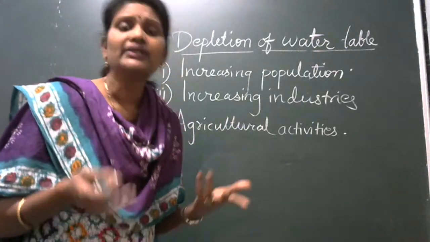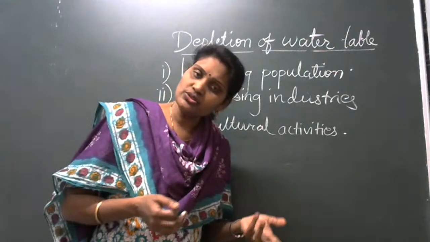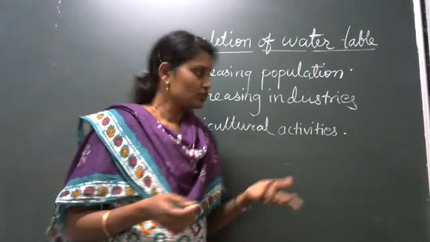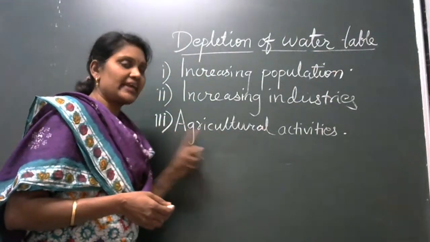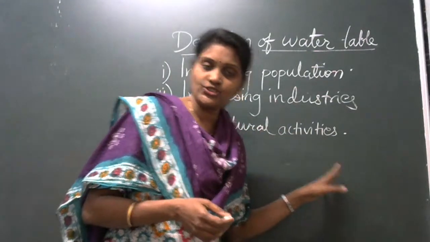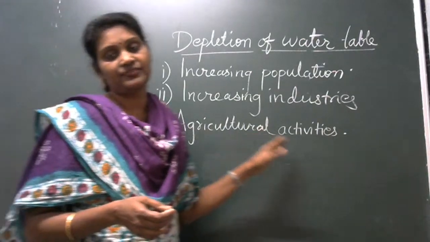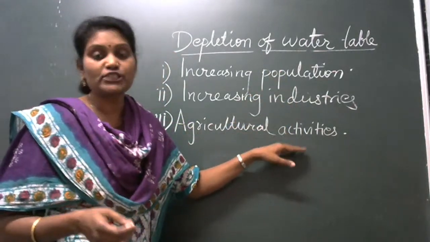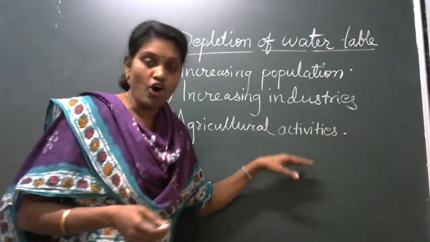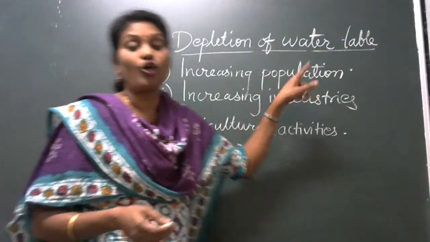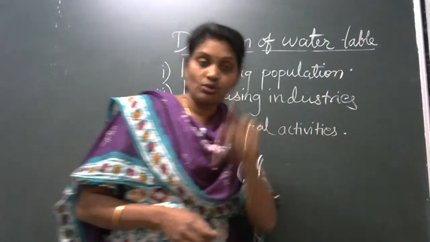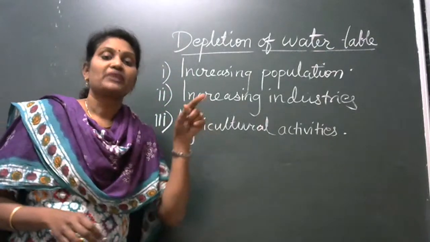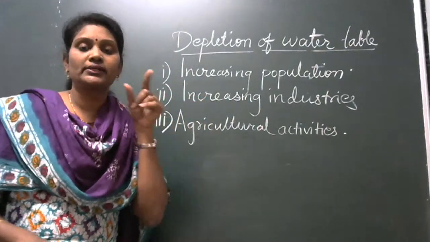More water is required. Understood, students? So, these agricultural activities have increased, and agricultural activities को भी is responsible for depletion of water table. It is also responsible for depletion of water table.